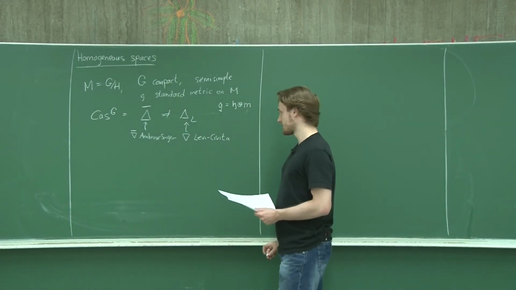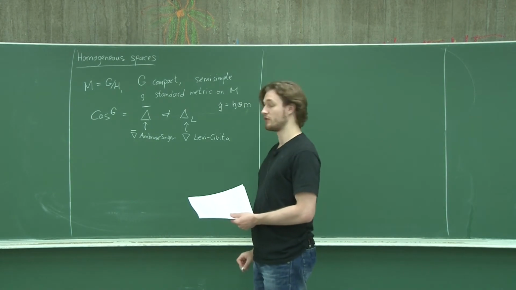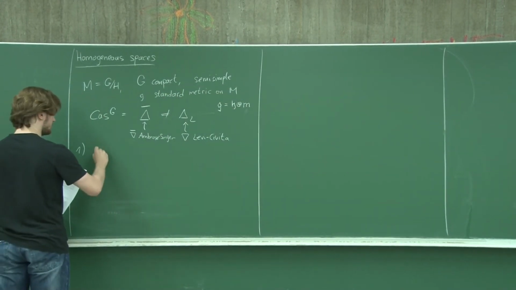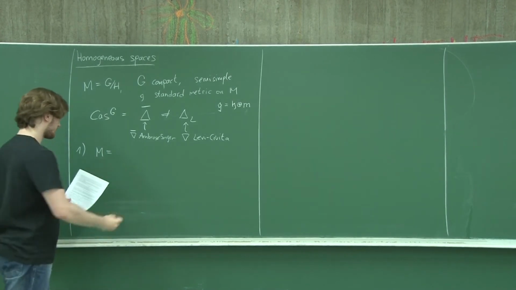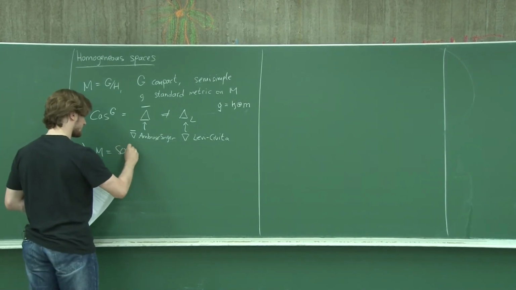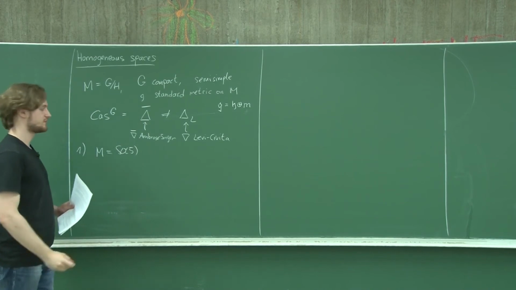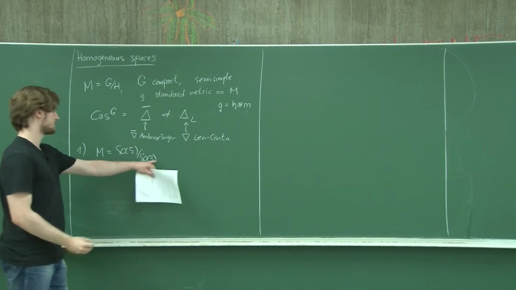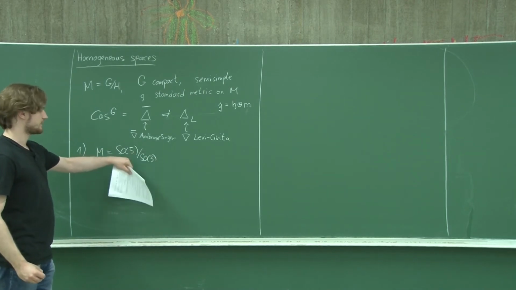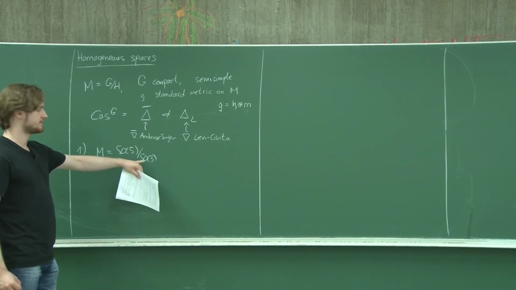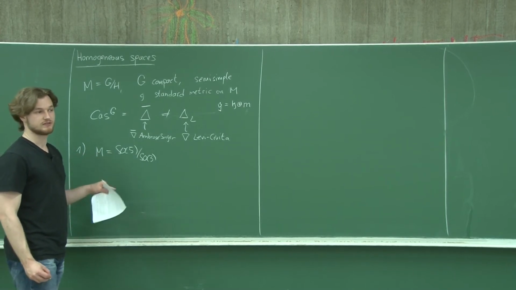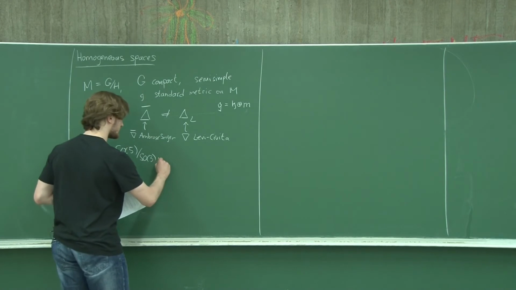Let me turn to some examples so that you don't get completely bored. First example is the Berger space. We take the Lie group SO(5) and mod out SO(3), in the following way: SO(3) is embedded by its action on its 5-dimensional irreducible representation.